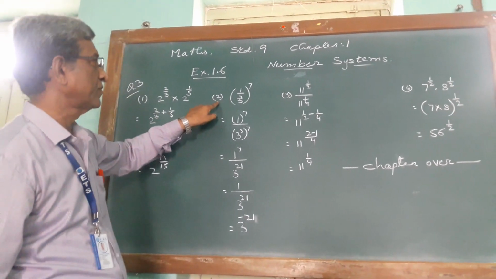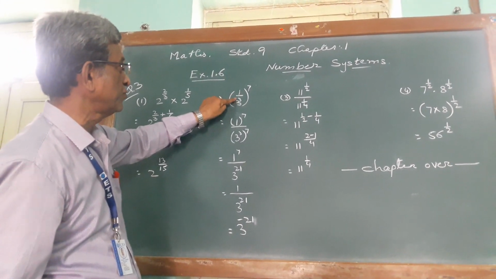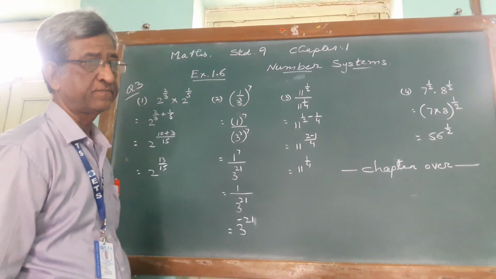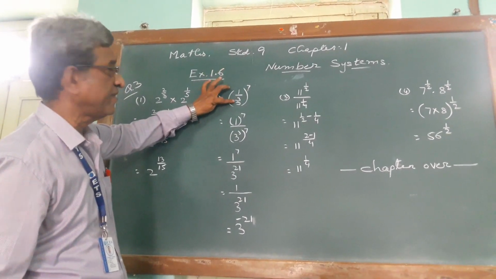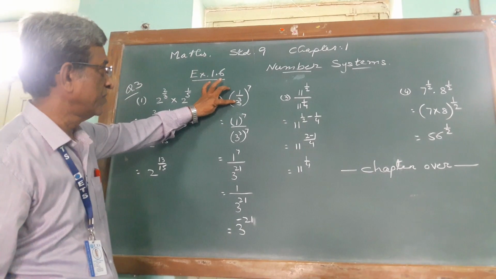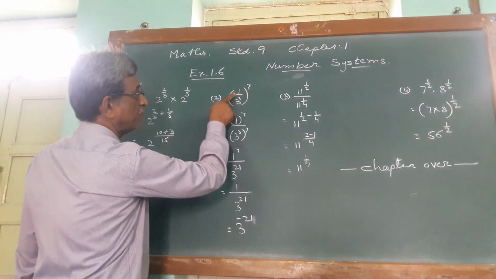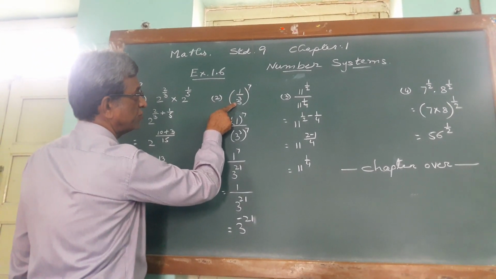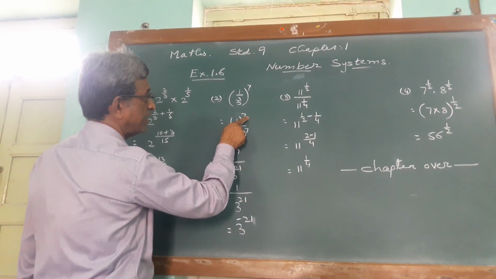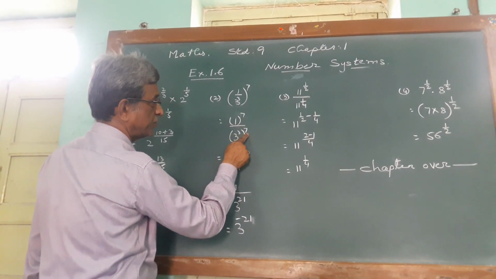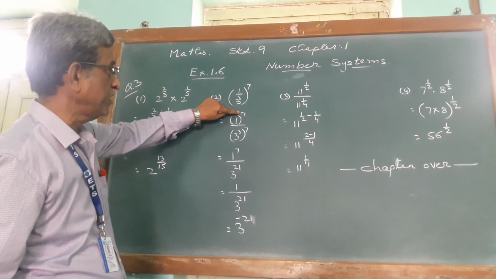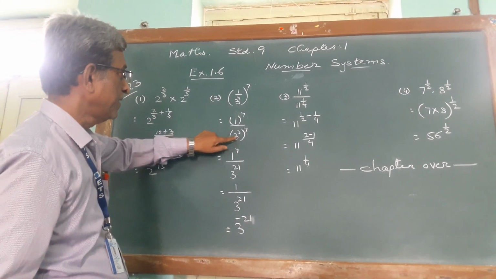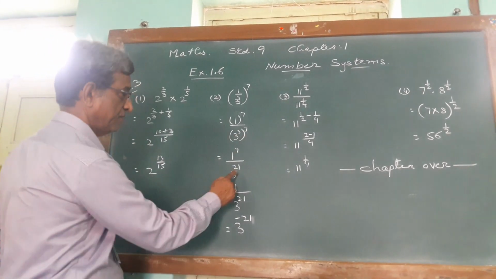Question 2. 1 upon 3 raised to 3, whole raised to 7. So you have to give this 7 to both numerator as well as denominator. So 7 is given to 1 as well as 3 raised to 3. So 1 raised to 7 upon 3 raised to 3 raised to 7. 1 raised to any number gives you 1. 3 sevens are 21.